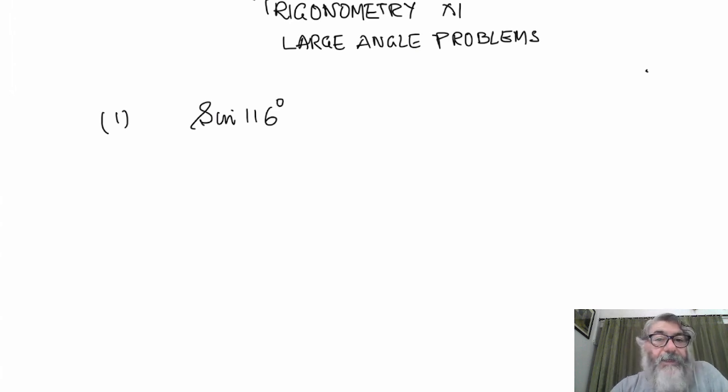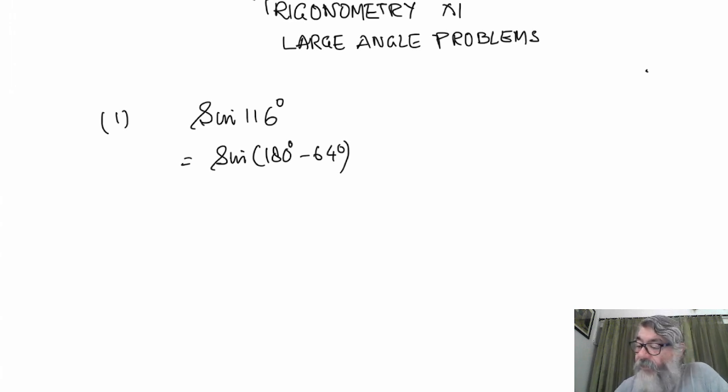If we want to calculate sine 116, we can simply write sine of 180 minus 64 degrees. Sine of 180 minus theta means it is going to fall into the second quadrant, and in the second quadrant sine is positive. So it comes out to be sine 64 degrees.